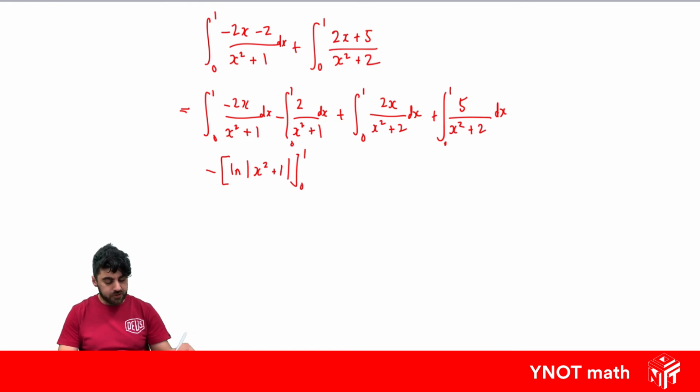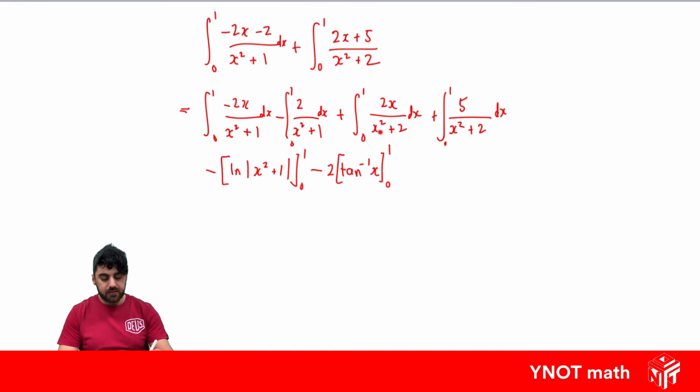Here, if we just pull the 2 out, we'll have an inverse tan as the integral. So we get minus 2 times the inverse tan of x from 0 to 1.